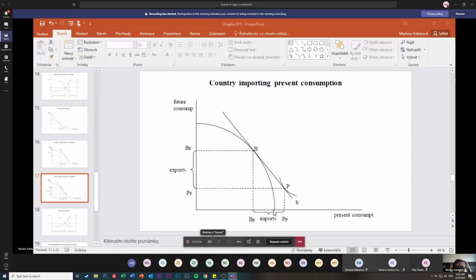But I would like to remind you of one thing. If the country takes loans, as in my case here, where they were importing present consumption, it should take loans for some investments where it's possible they will have future profits.